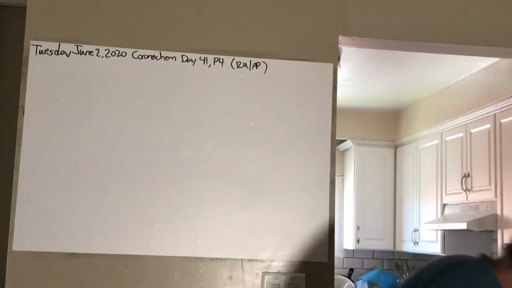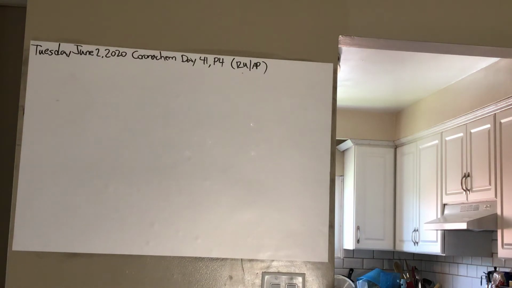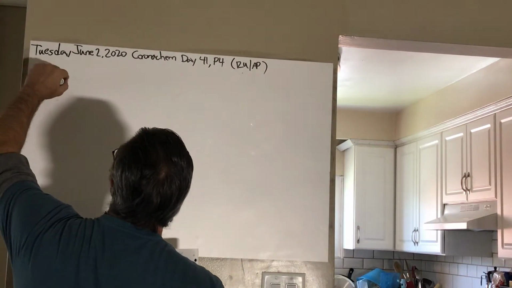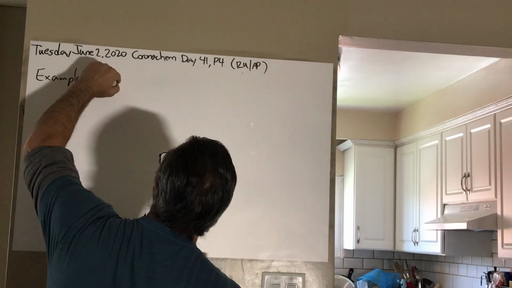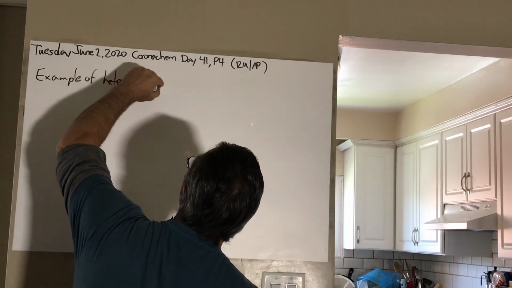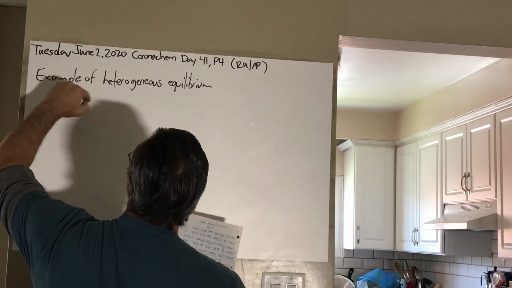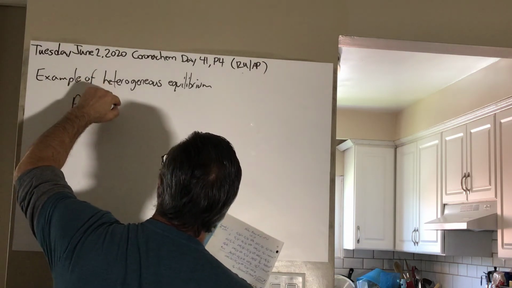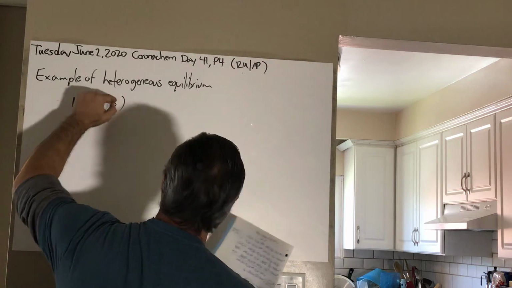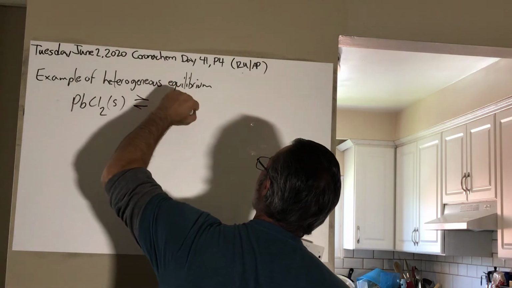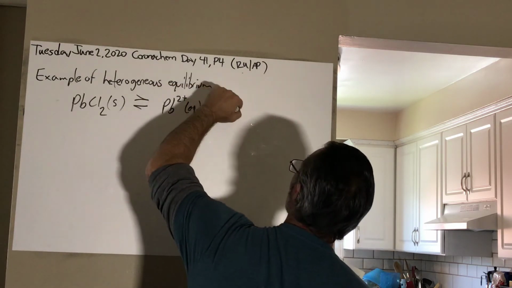So this is on page 641. It's a note, an example of a heterogeneous equilibrium. So for example, you have lead chloride, which is a solid, producing plumbous ions in aqueous solution plus 2 chloride ions.